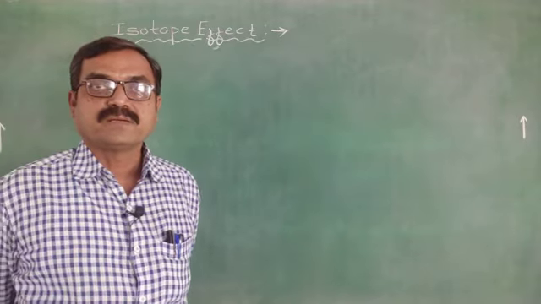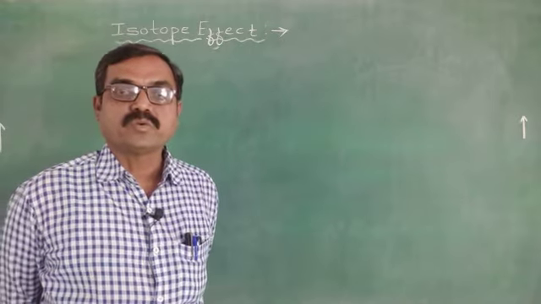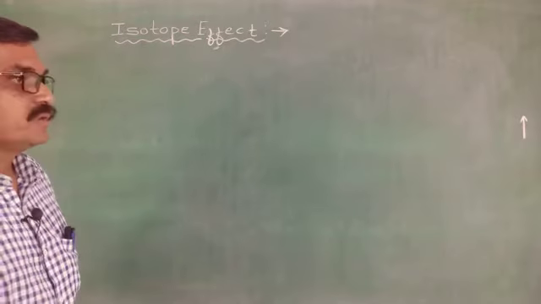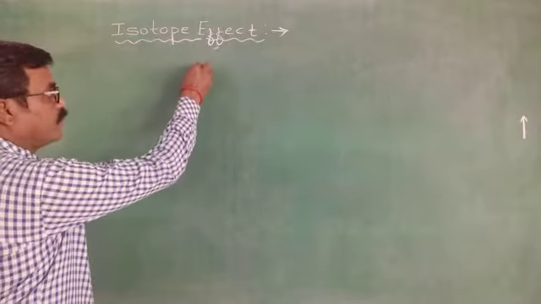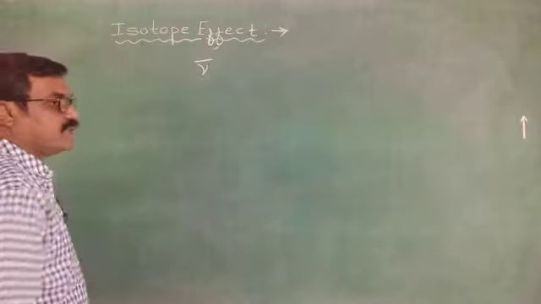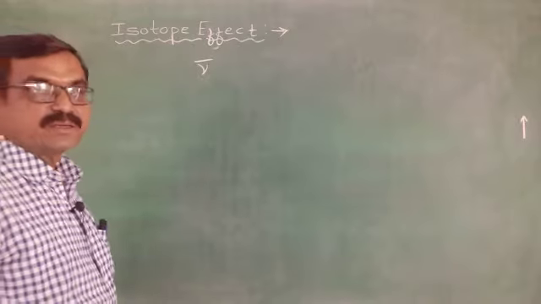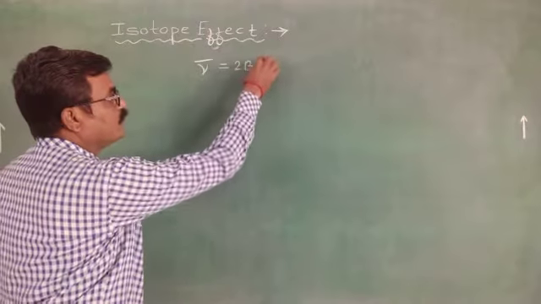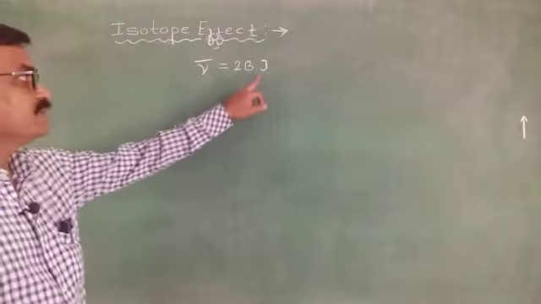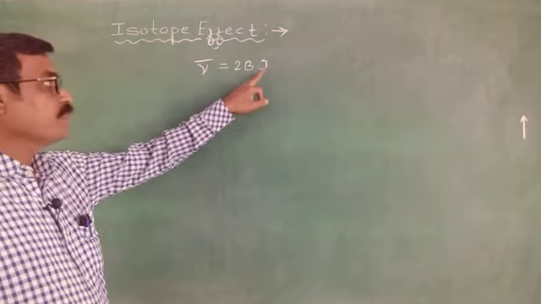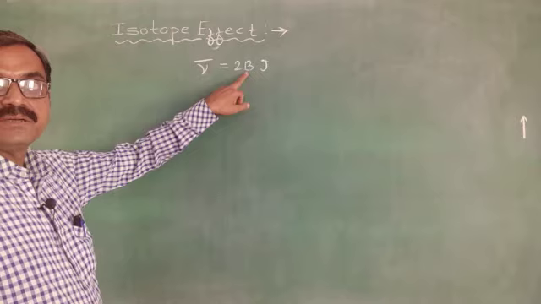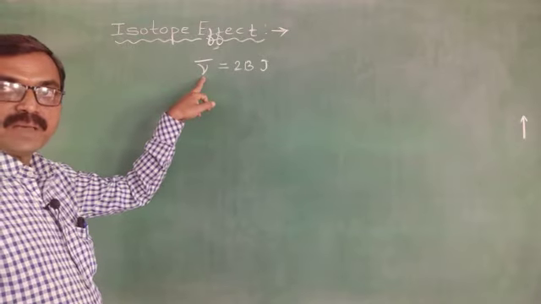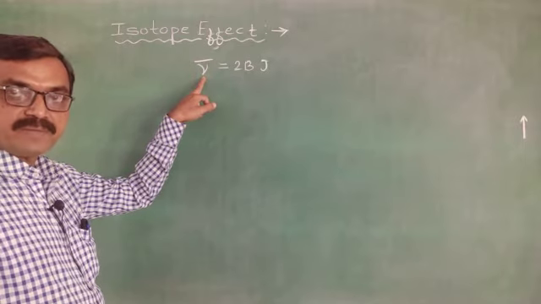In this lecture we have to see the isotope effect. Previously we know that in microwave spectra the rotational lines are equispaced and nu bar equals 2BJ, where J is the rotational quantum number, B is the rotational constant, and nu bar is the wave number of that absorbed line in rotational spectra.